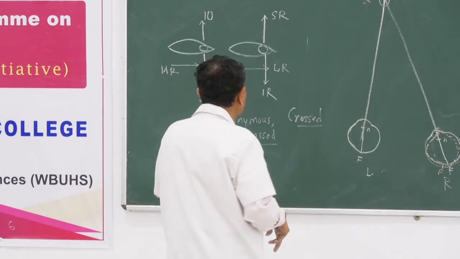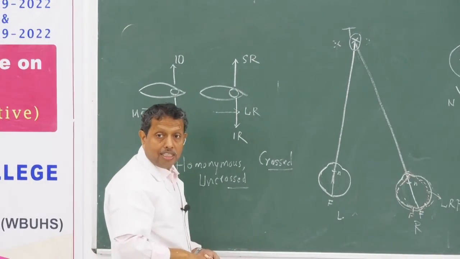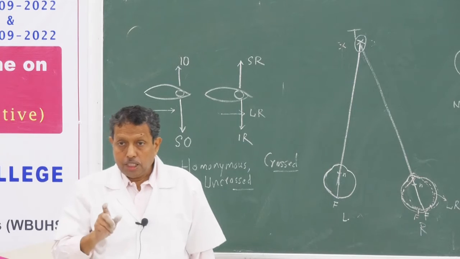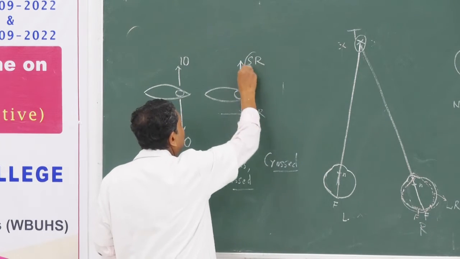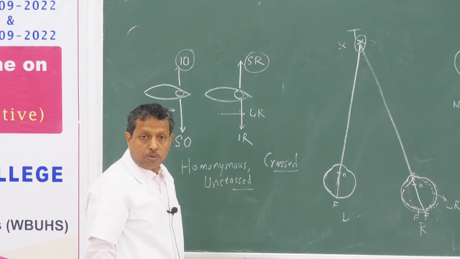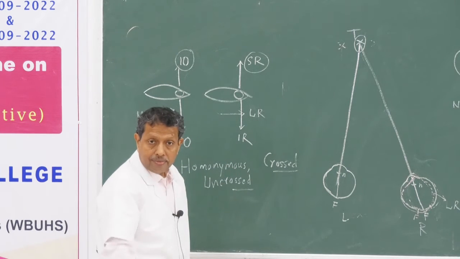Similarly, in the cardinal positions, if there is diplopia at this point, then you have to consider either superior rectus or inferior oblique. The false image will be higher.